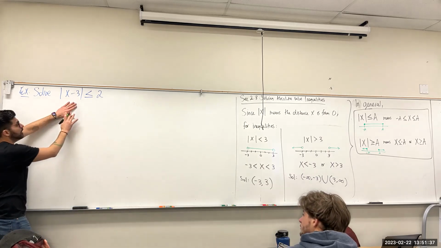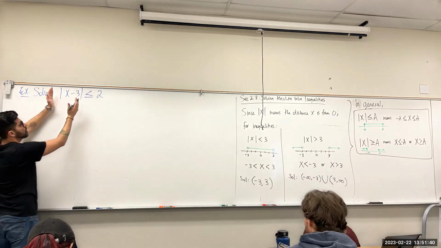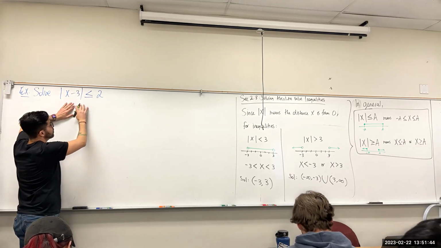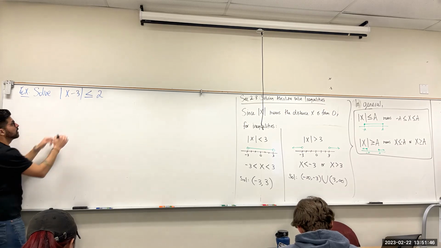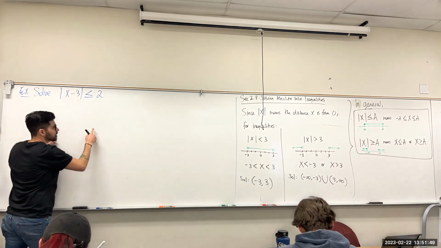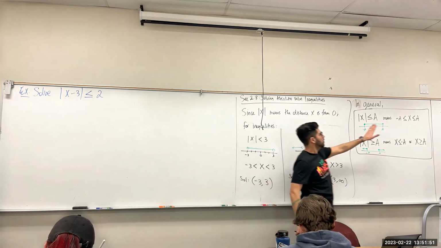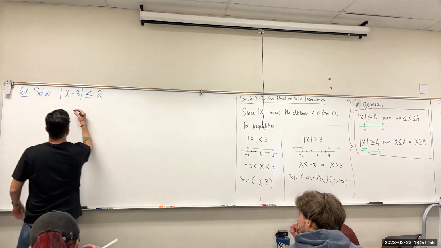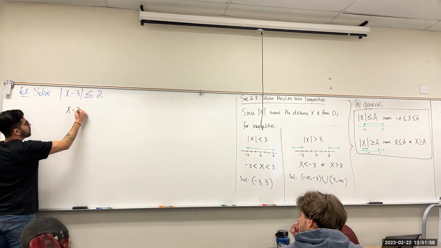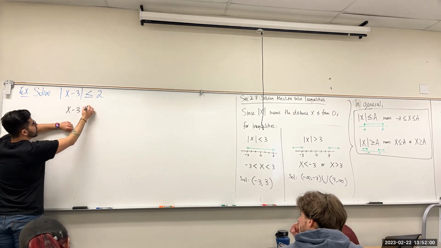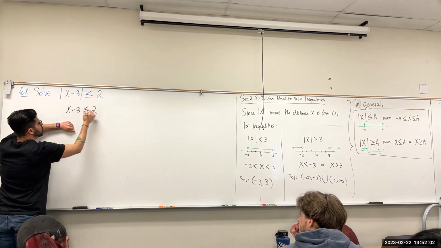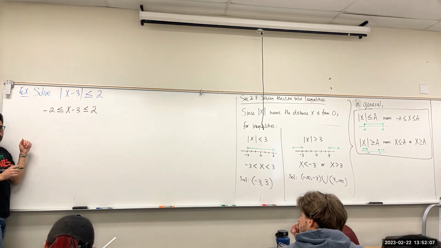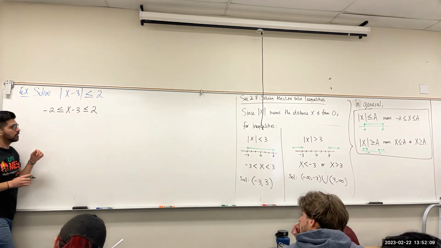Again, like with the equations, once your absolute value expression is isolated, there's no algebra that you can do to get rid of the absolute value. You rewrite it into its equivalent form, but with a compound inequality, so that x minus 3 is going to be less than or equal to 2, but greater than or equal to negative 2.